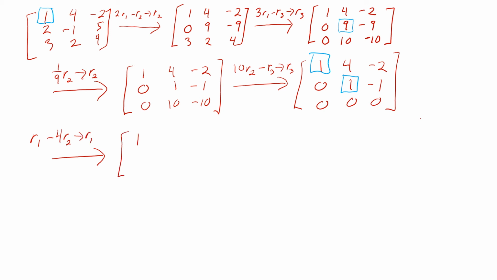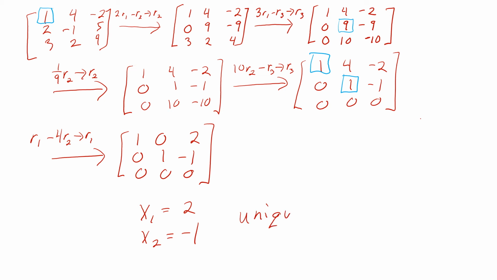That gives me 1, 0, 2, 0, 1, -1, 0, 0, 0. Now I'm in row reduced echelon form, and I can read off my solutions. My solution is x1 equals 2 and x2 equals -1. It is a unique solution.